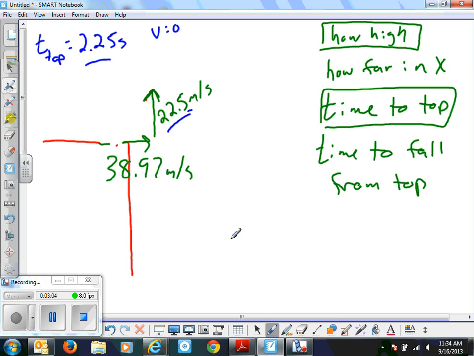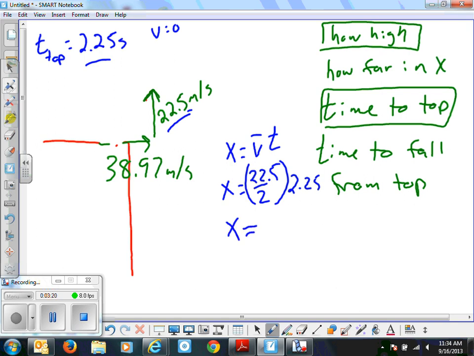You could just go x is average v times t, or x in the y direction is 22.5 divided by 2, because our acceleration is constant, times 2.25. How high is that, people? So it's 25.3125 meters.